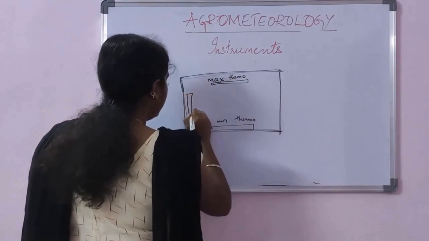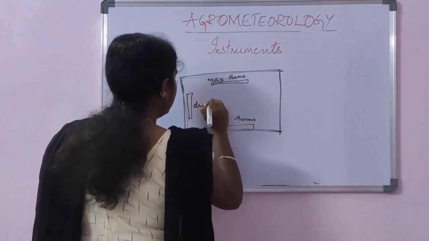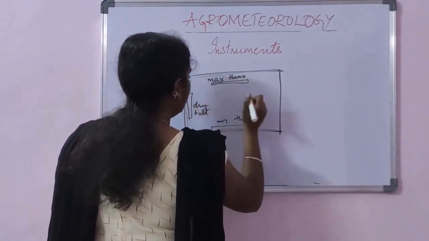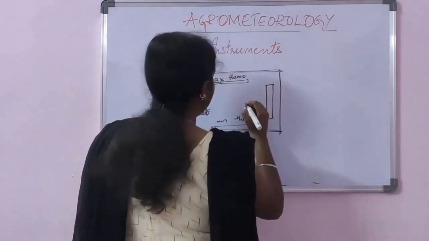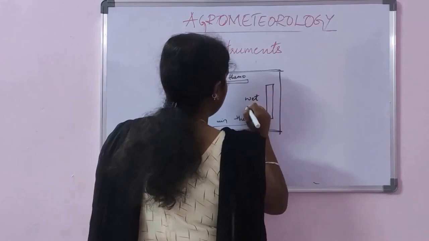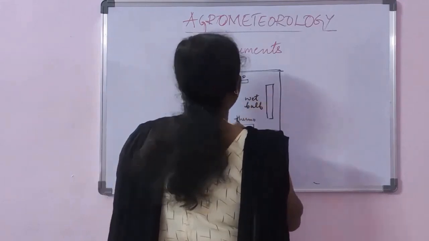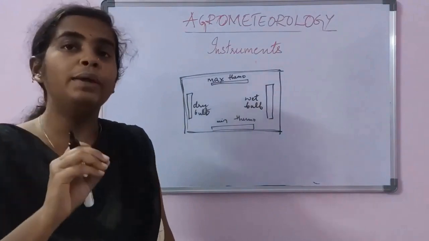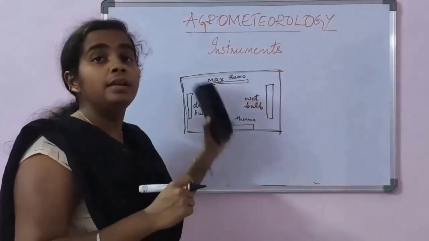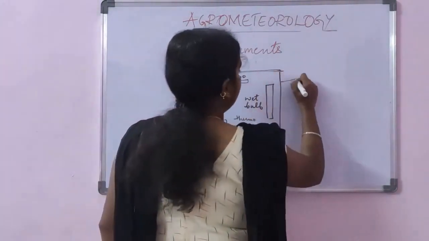On the left, the dry bulb thermometer, and on the right, the wet bulb thermometer. So these 4 instruments for measuring different temperatures will be kept in a Stevenson screen.